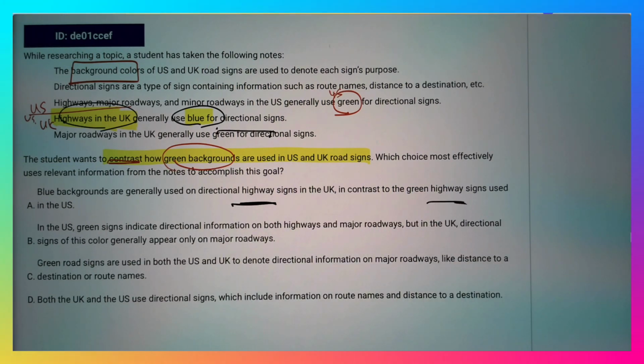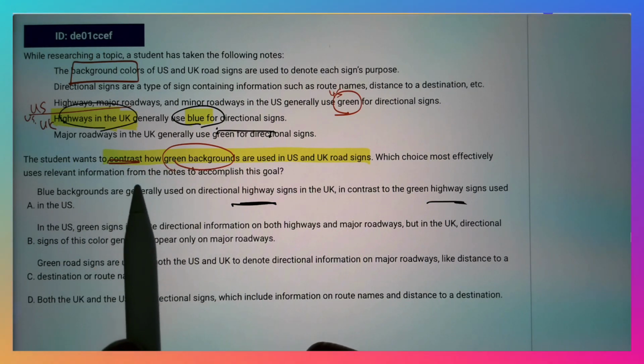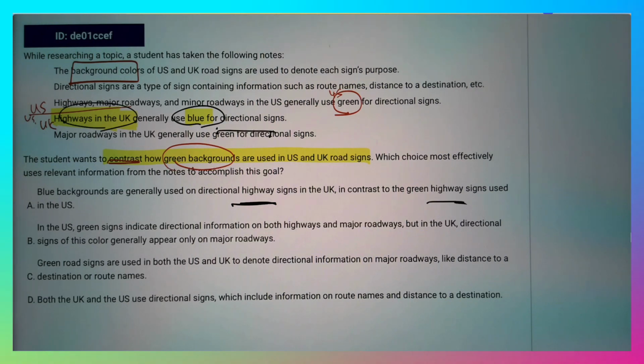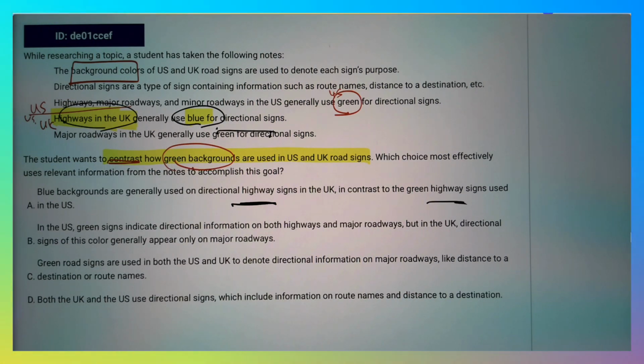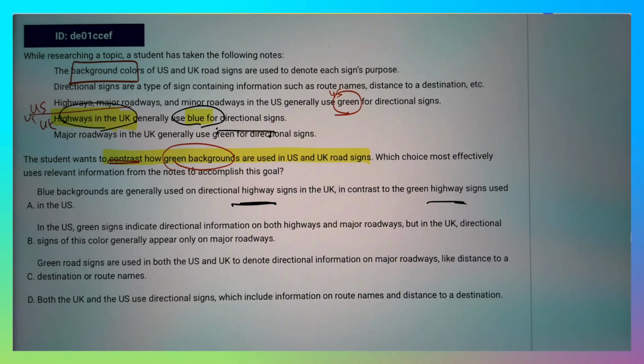Which means that we are not also considering major roadways and minor roadways, although minor roadways in the UK were not mentioned. At least we also gotta talk about other types of roadways, but it did not, so this is not a good answer. But it still contrasted it, so we'll keep A for now and see if there's a better answer.